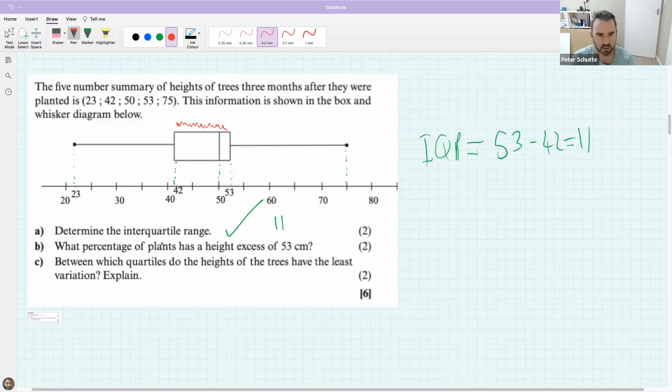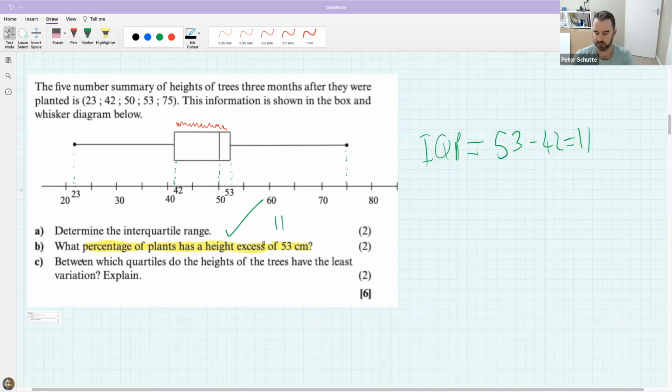What percentage of plants, the second part of the question, has a height in excess of 53 centimeters? So what percentage of plants have a height in excess of 53 centimeters? What do we think? Think about that question.